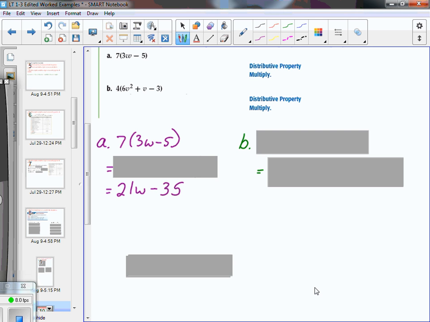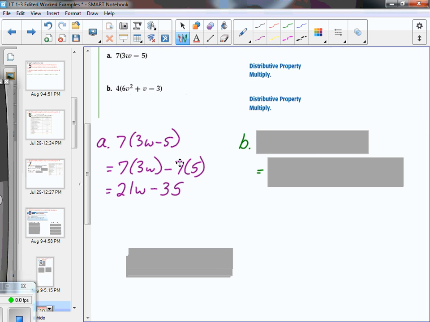You're just going to get tired of writing it down. And if you're like me, after a while, you're just as likely to make a mistake writing something down as you are doing it in your head. So get to the point where you can mentally go, 7 times 3W is 21W, 7 times 5 is 35, and make sure you get the right sign between them. You need to be able to do that.